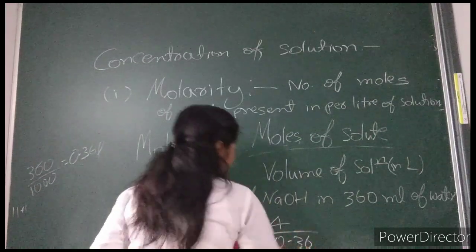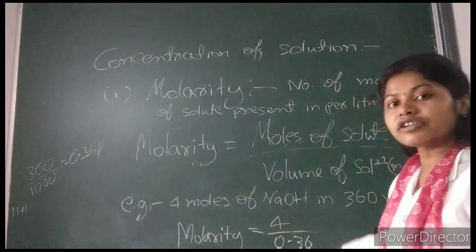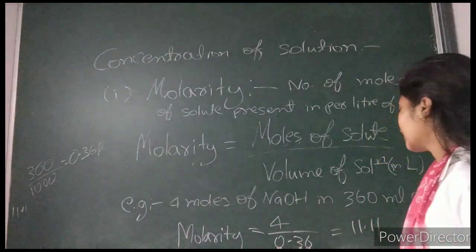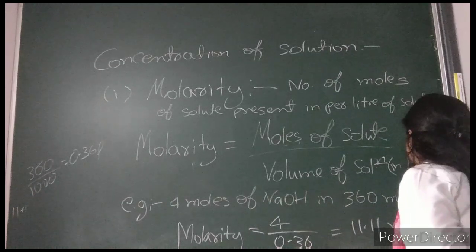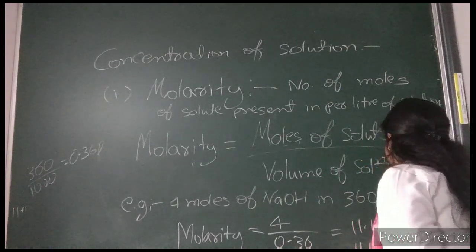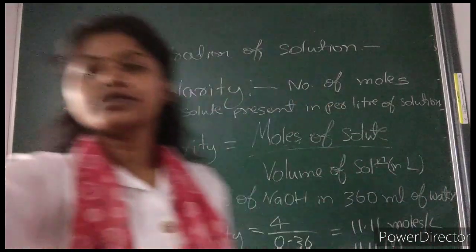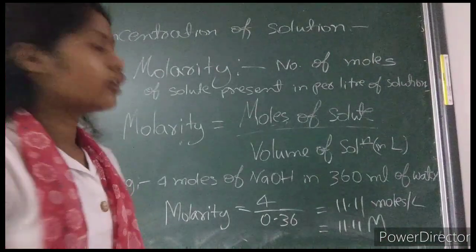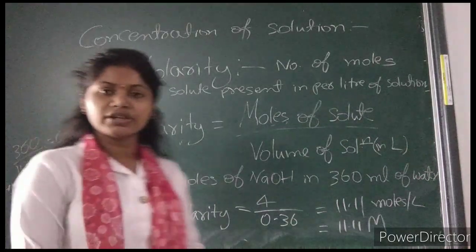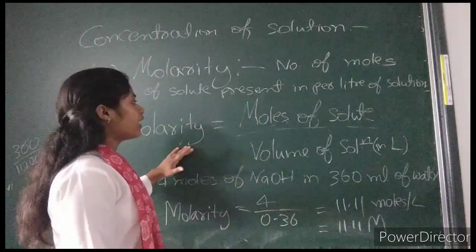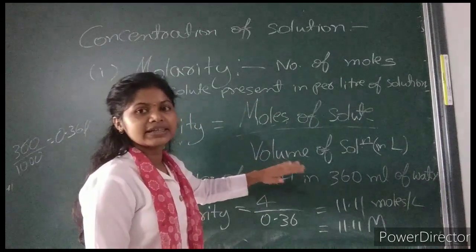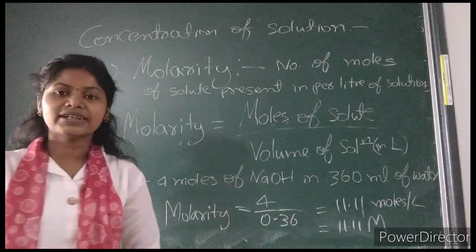After solving it, you will get the answer 11.11. Here you can write the unit as moles per liter or 11.11 molar. This way you can solve molarity related problems. Just remember that molarity is number of moles of solute divided by volume of solution in liter. Clear?